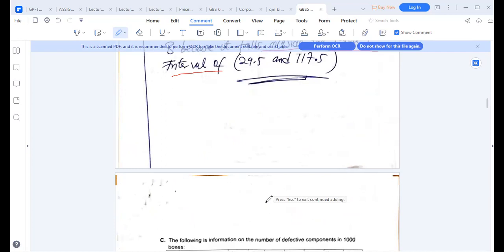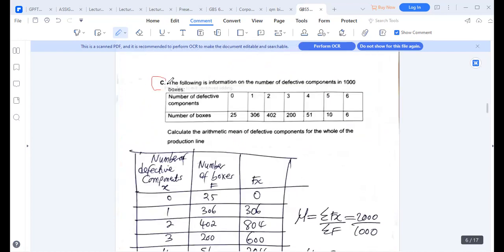Now, getting down to part C of this problem, the following is information on the number of defective components in 1000 boxes. So we get the number of boxes, this is the frequency, and then we take this one as X, or X value. We have to find the arithmetic mean for the defective production line.